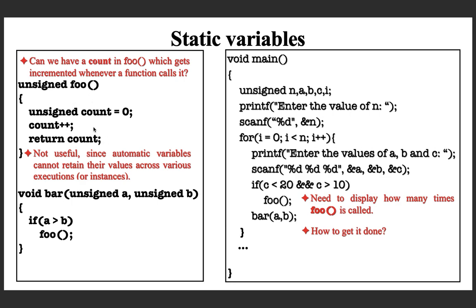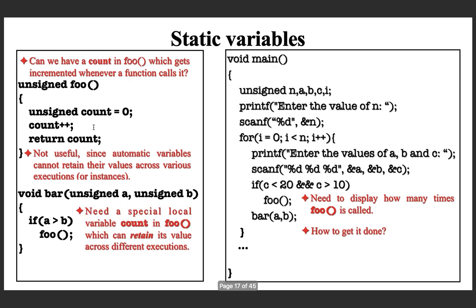Maybe you can do it with a global variable count, that is a different solution. Here, we need a special local variable count within foo which can retain its value across different executions. So, first it will be incremented to 1, then next time when it comes, the initialization should not happen and only the increment should happen.